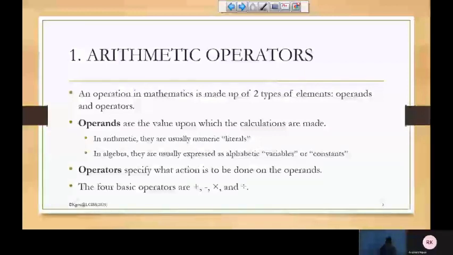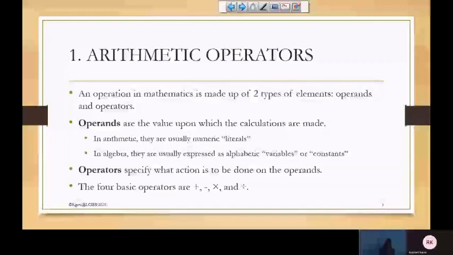Usually these are numbers or other values. In arithmetic, in algebra, we can see them as variables or constants. In arithmetic, we usually use literals. These are the numeric values written using numerals. Those are the operands, the nouns, the things.